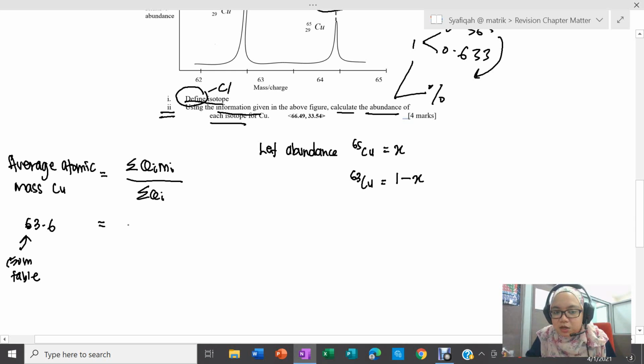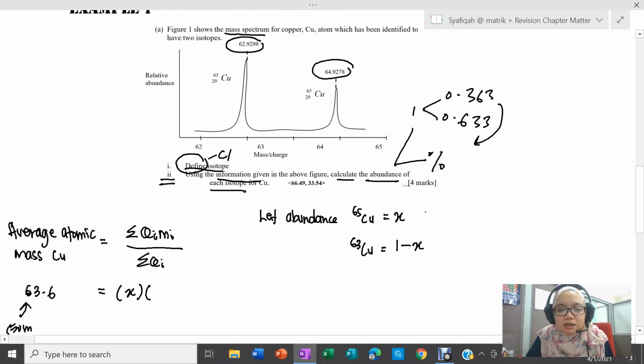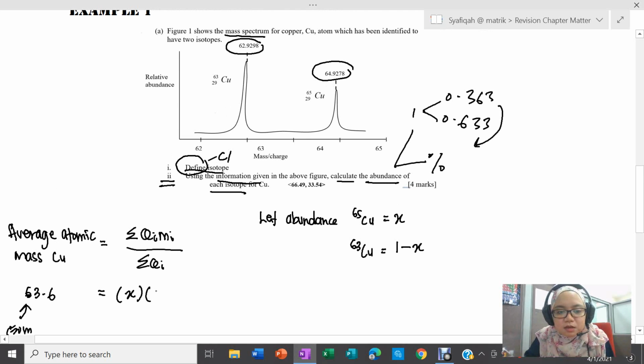So 63.6 is equals to total QI times MI, betul? So Q dekat sini untuk 65 copper is X. And then dia punya mass dia adalah 64.9278.